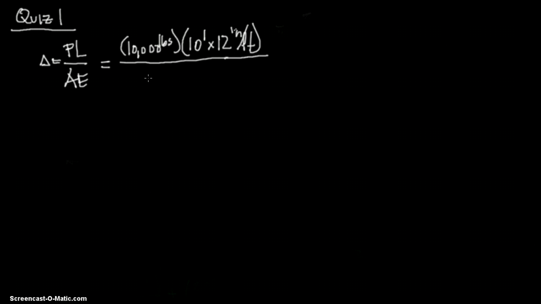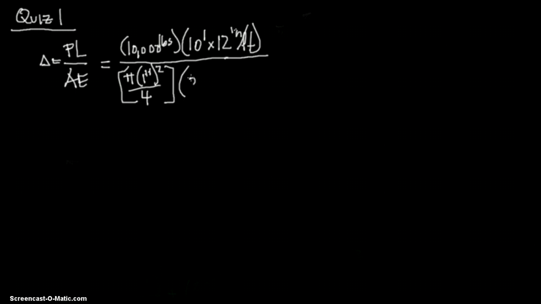And then area, did they give us the area? 1 inch diameter, is that what I said? Yes, pi d, 1 inch squared over 4. That's area. Let's put that in parentheses so we know that that is area.